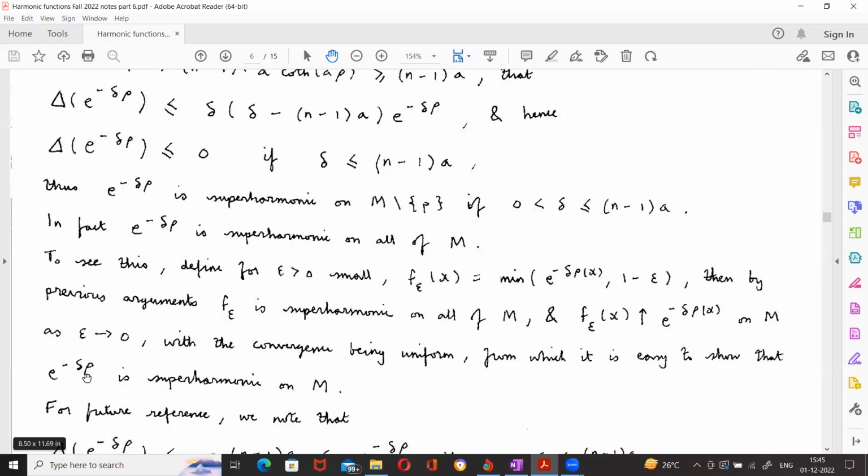You can see this using the fact that superharmonic is equivalent to what we proved, that the value at the center of a ball is greater than or equal to the integral with respect to harmonic measure on every small sphere around the ball. If you use that, then you'll see that this is preserved under uniform convergence. So therefore a uniform limit of superharmonic functions will be superharmonic. Okay. So this e to the minus delta rho is superharmonic.